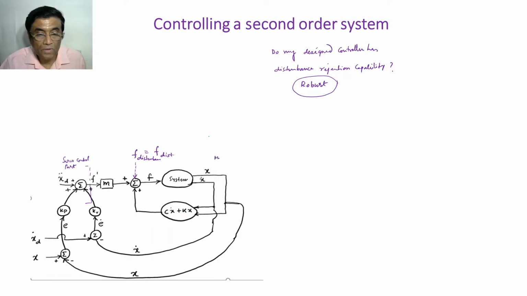This is the model. So earlier, when there was no disturbance, I had the error domain equation like this, equal to 0 here.